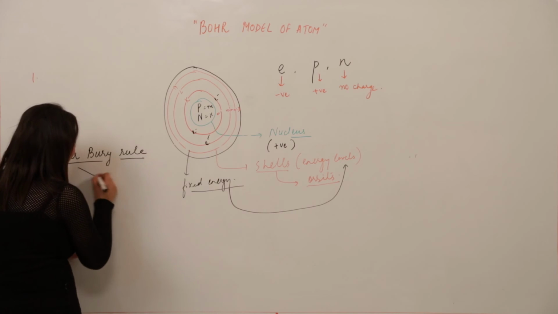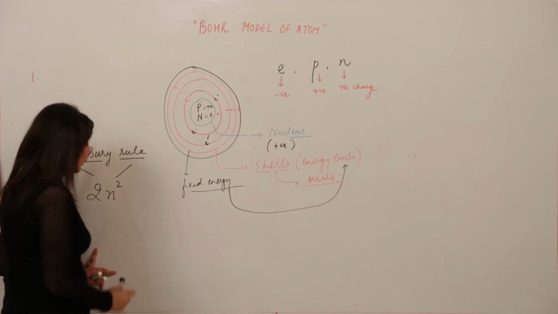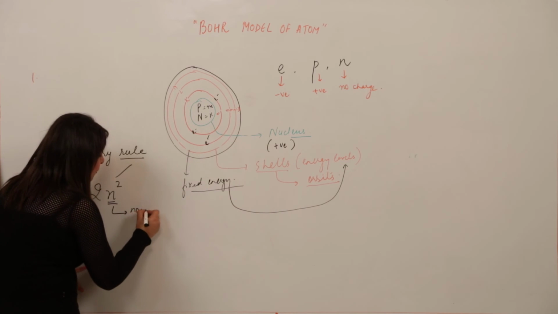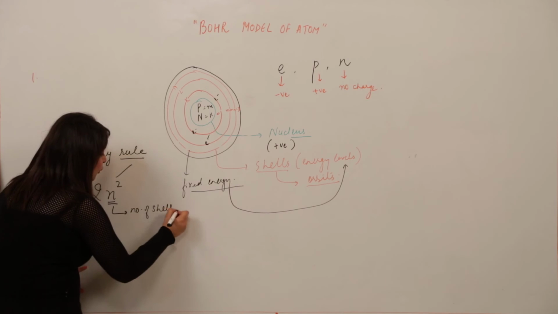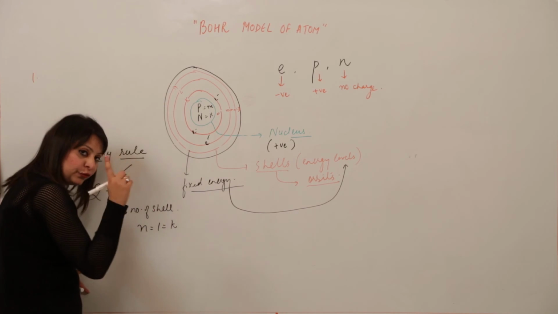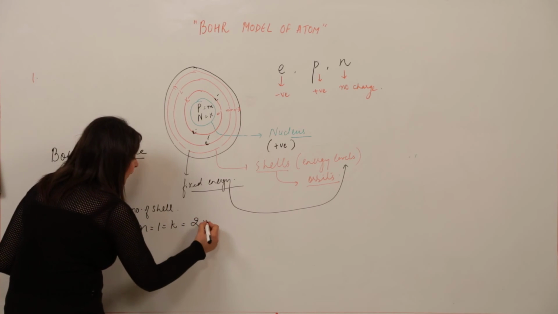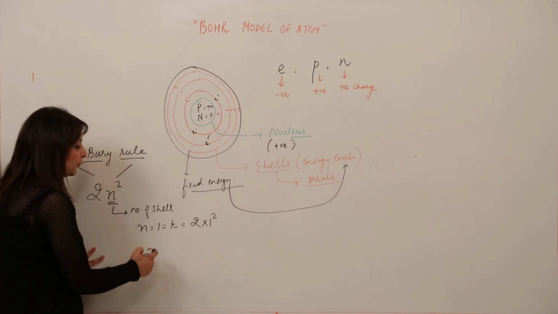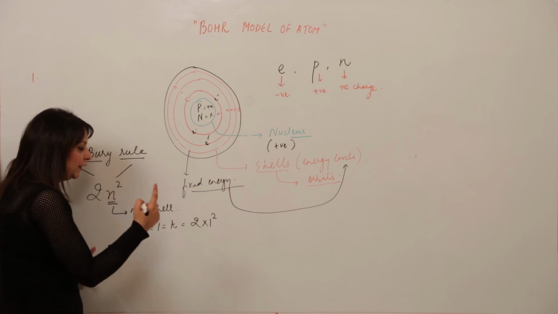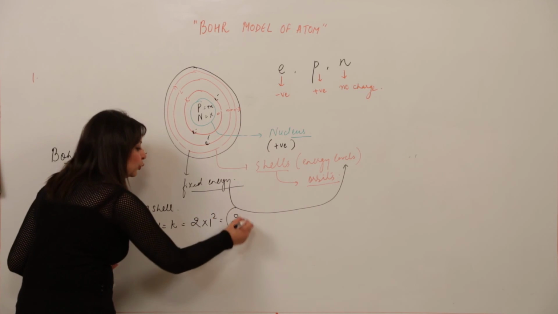What was that? It was 2n square. As I told you, n corresponds to the number of the shell. When n is equal to 1, the first shell, the K shell, the maximum electrons it can accommodate is given by 2n square. Putting n as 1, the maximum is 2, right?